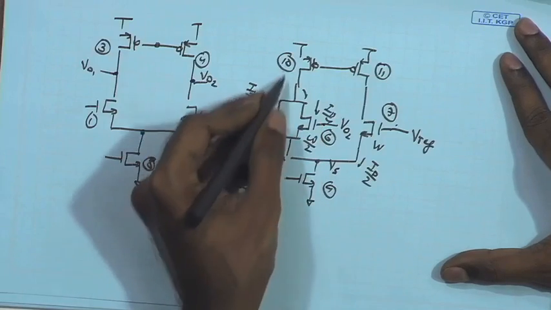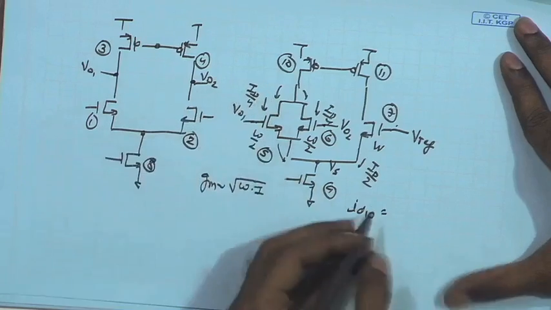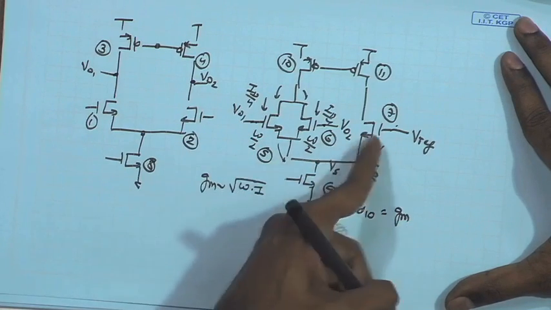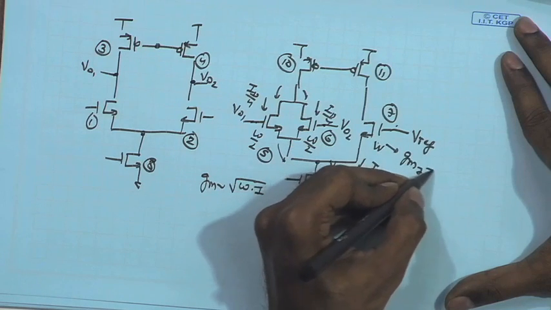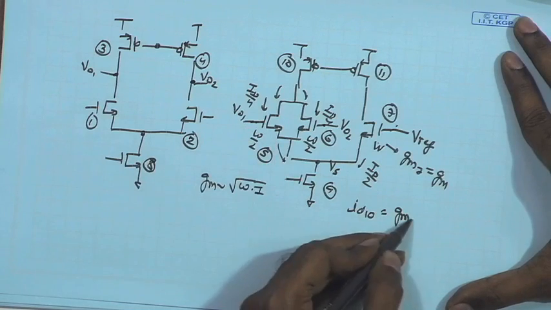So, I can write ID10 is going to be equal to GM5, which is GM by 2, if I call GM of M7 as just GM. So, the GM of M5 is just GM by 2.